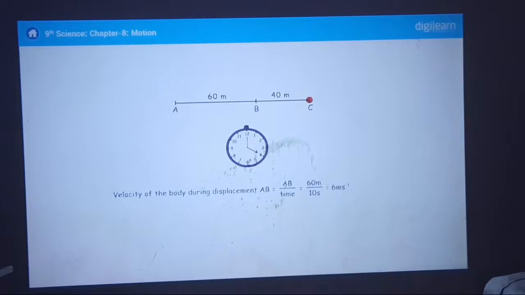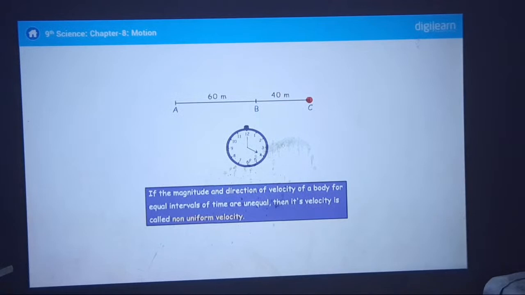That equals 6 meters per second. Velocity of the body during displacement BC is equal to BC divided by time. That equals 40 meters divided by 10 seconds. That equals 4 meters per second. Note that the velocity of the body in specific intervals of time of 10 seconds are not equal. Then the velocity of the body is said to be non-uniform.